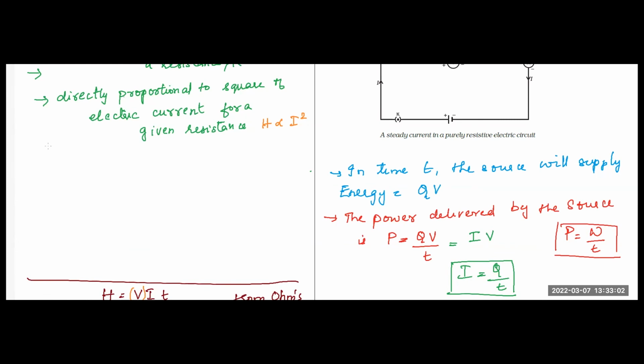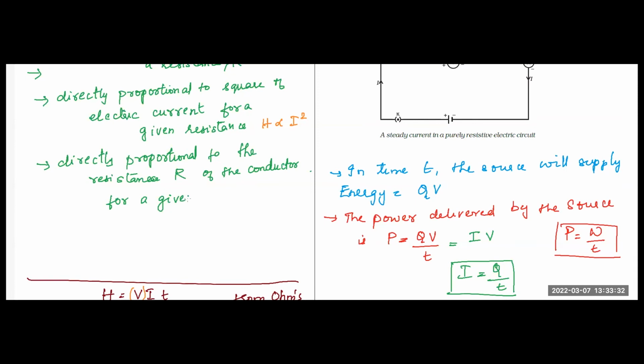Also, we can see that heat generated is directly proportional to the resistance R of the conductor for a given electric current.